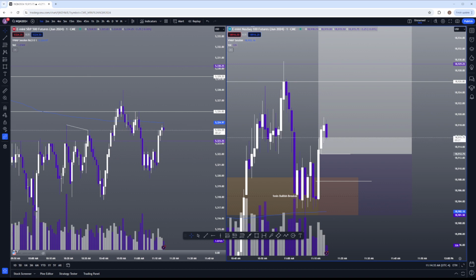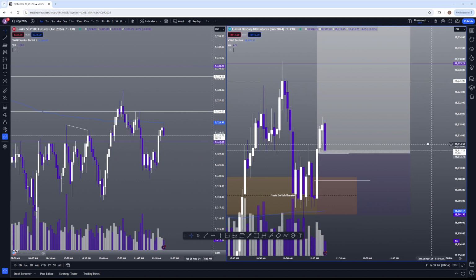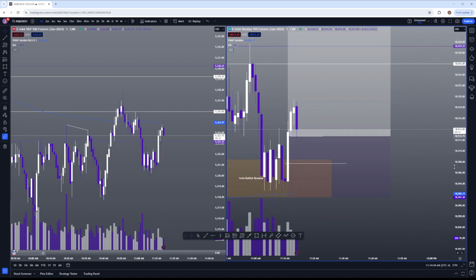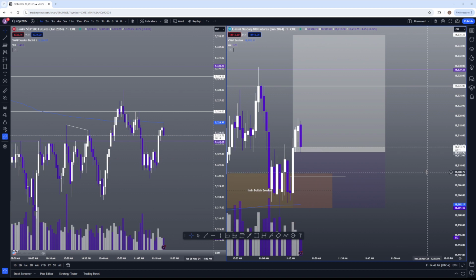Let's see if we want to retrace into that 1-minute. I'm not going to jump into a trade if we're really dropping, but if we see a nice reaction off that 1-minute, that's when I'll start looking for longs again. Got to see a nice reaction off this level first.